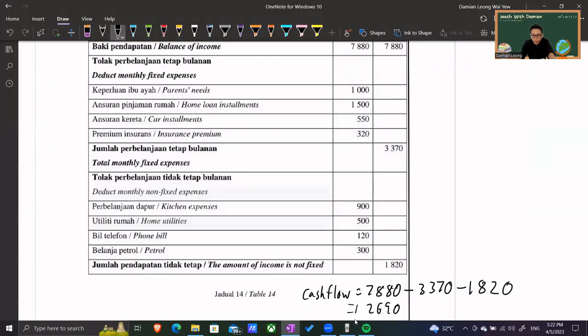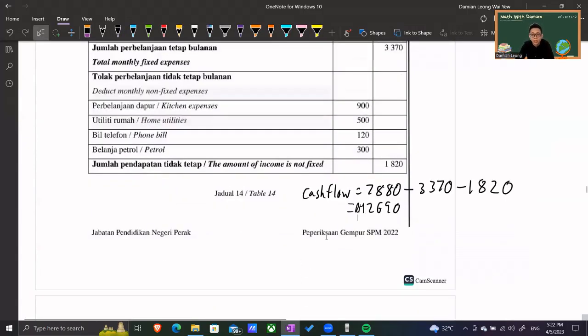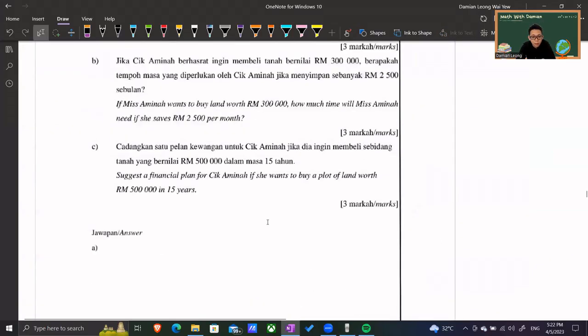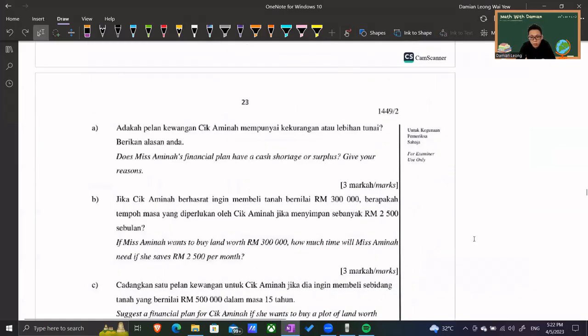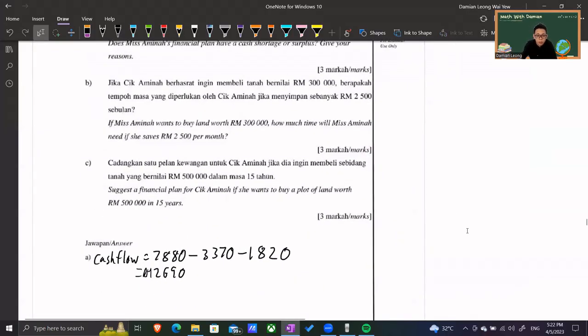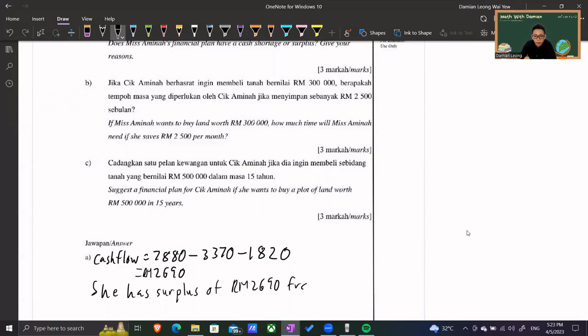That is the cash flow, 2,690 ringgit. So it's a positive cash flow, means she has a surplus of 2,690 ringgit.